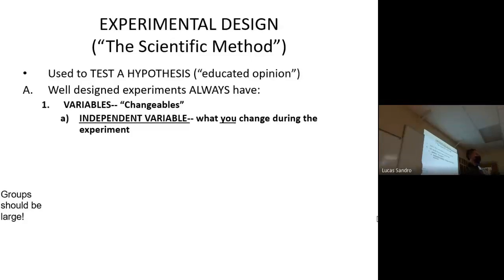Those are great, and actually a little more descriptive than independent, but since independent is so much more widely used, that is what we are going to use. Simply put, it's what you change on purpose between the groups or trials in your experiment to see if it affects a particular other variable.